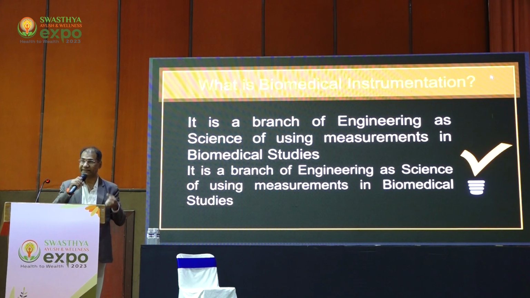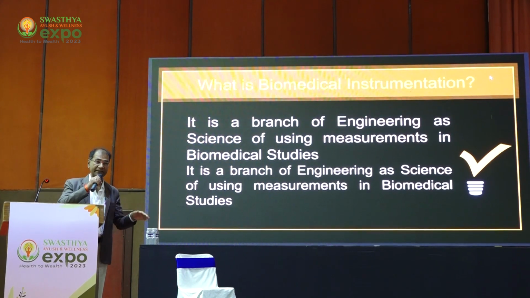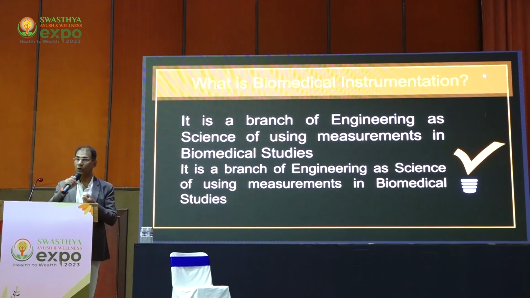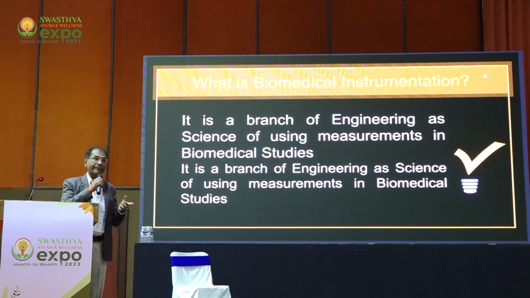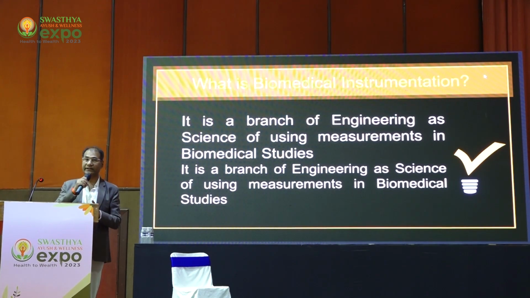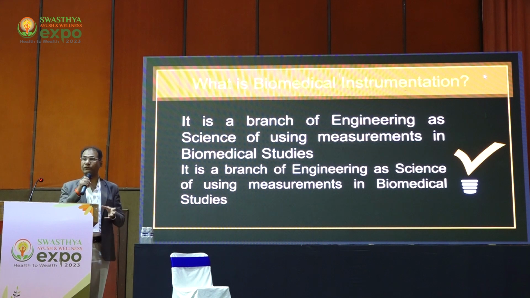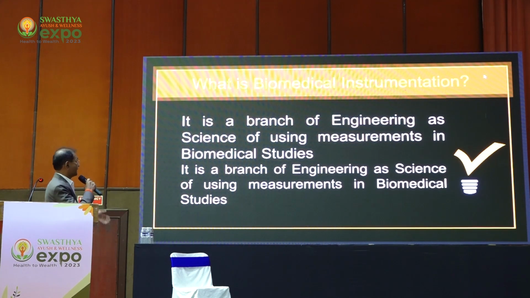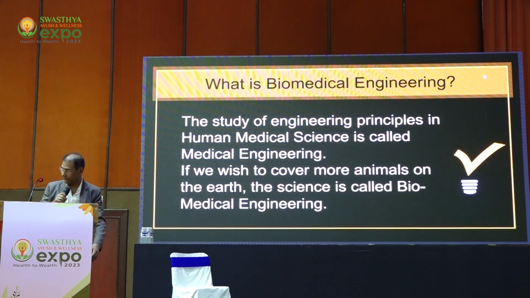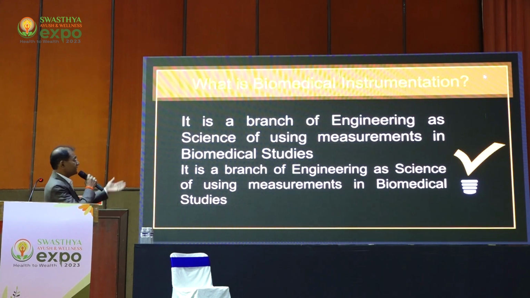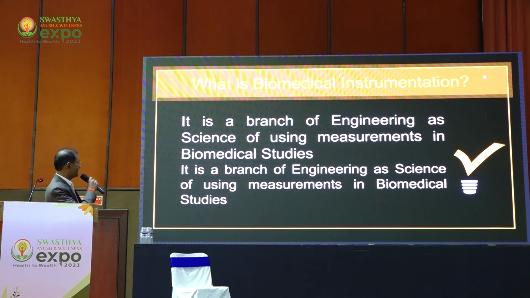Homeopathic drug acts, and what are the parameters and how can we show to the scientific community that the homeopathic drug is acting? This is a big question before us. Now, what is biomedical instrumentation? It is a branch of engineering and science using measurements in biomedical studies.